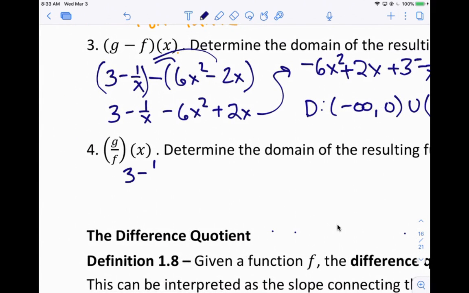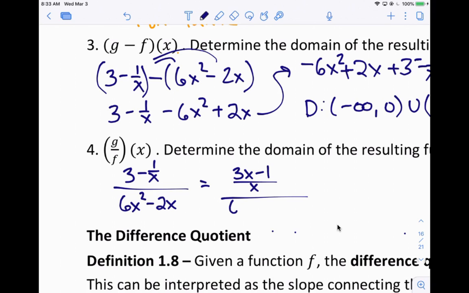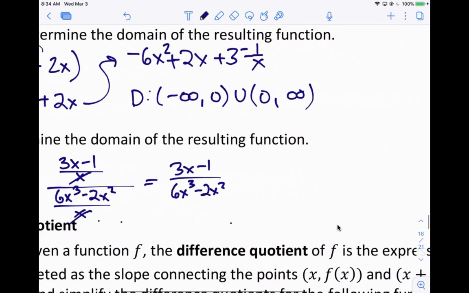All right, same thing with this division now. So we've got 3 minus 1 over x over 6x minus 2x. Okay. We could kind of clean this up a little bit if we were to make this into one fraction, 3x minus 1 over x, and then we could do 6x cubed minus 2x squared over x, put an x on both, and these will collapse, 3x minus 1 over 6x cubed minus 2x squared.